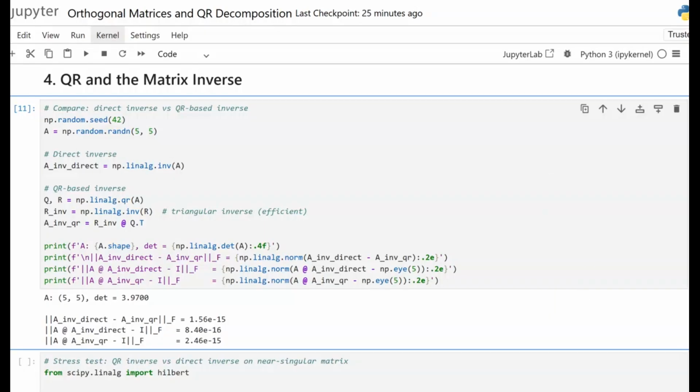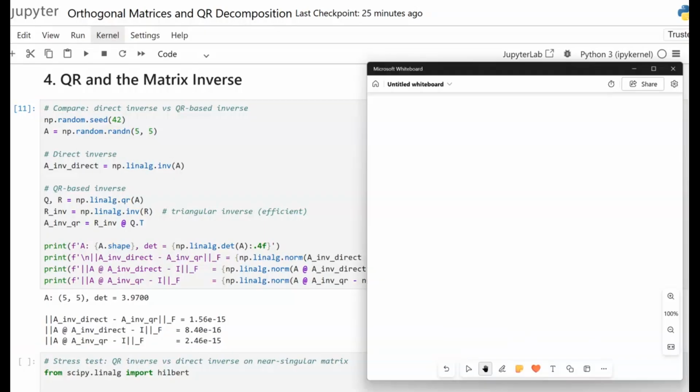However, explicitly forming A inverse is usually discouraged. Instead, one typically solves AX equal to B by using RX equal to Q transpose B, which avoids forming the inverse entirely.